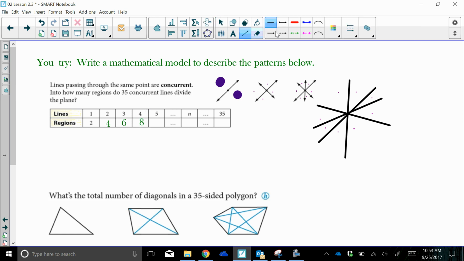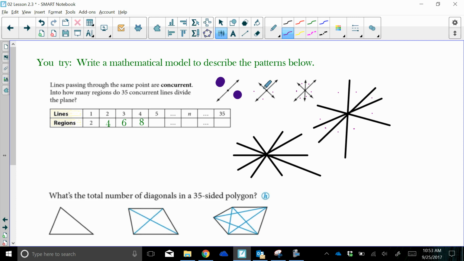And I could do it again for 5 lines if I needed to. 1, 2, 3, 4, 5 lines, all going through the same point. And now counting how many regions there are. There's 1, 2, 3, 4, 5, 6, 7, 8, 9, 10 regions.